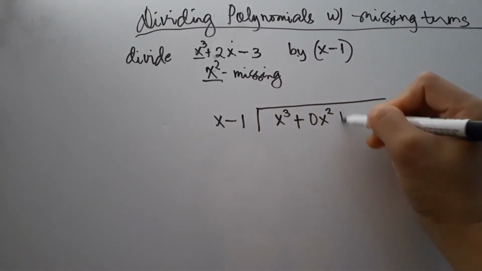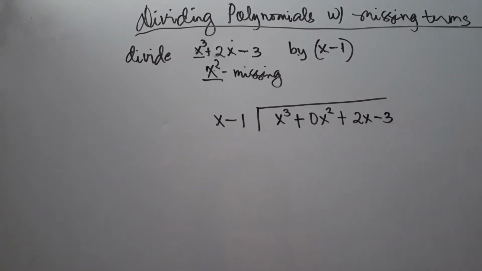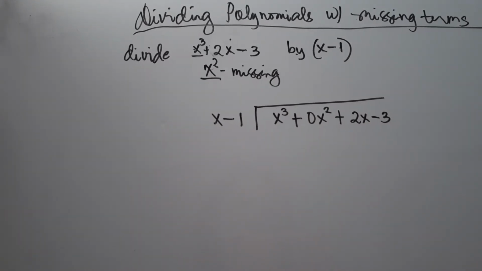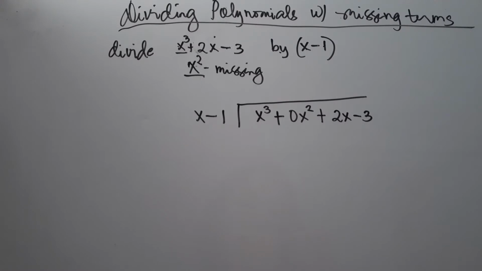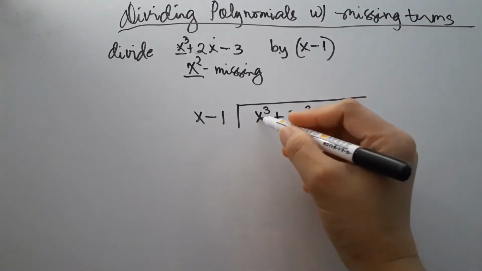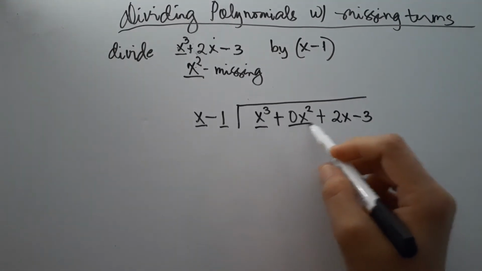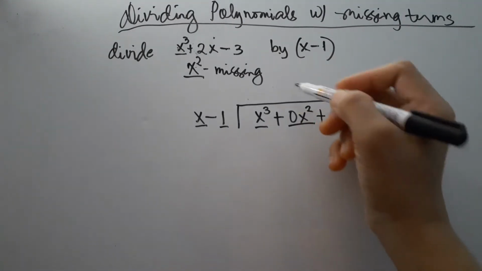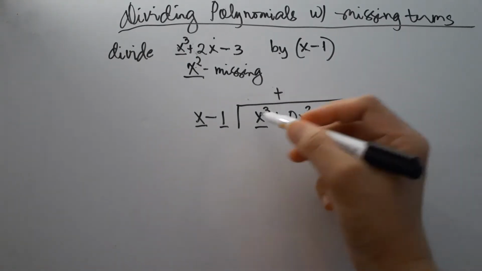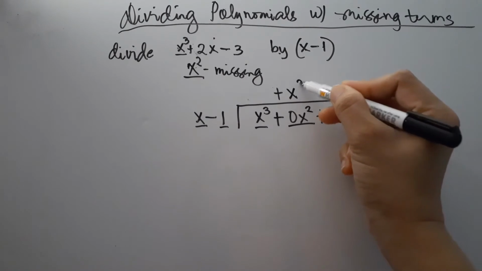plus 2x negative 3. Since we have two terms, we count 1, 2, and our quotient is at the center of the second term. So x cubed divided by x becomes x squared.